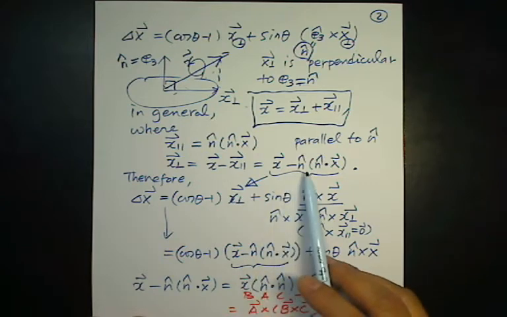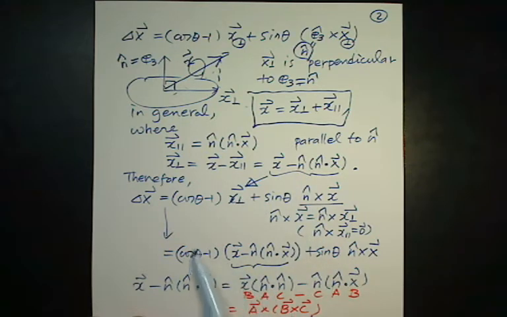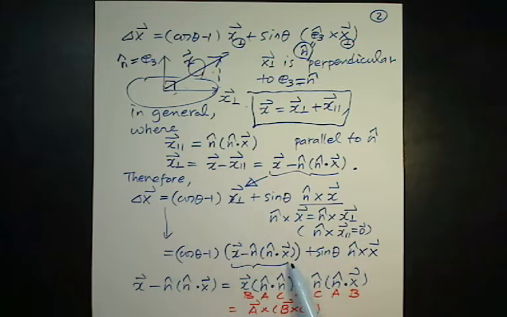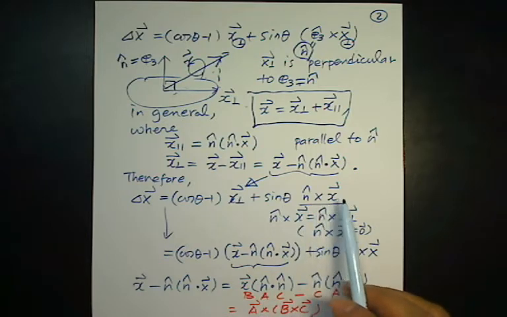Now, we have flipped the sign, therefore, this is just copied in here. The perpendicular component, and sine theta n hat cross x.